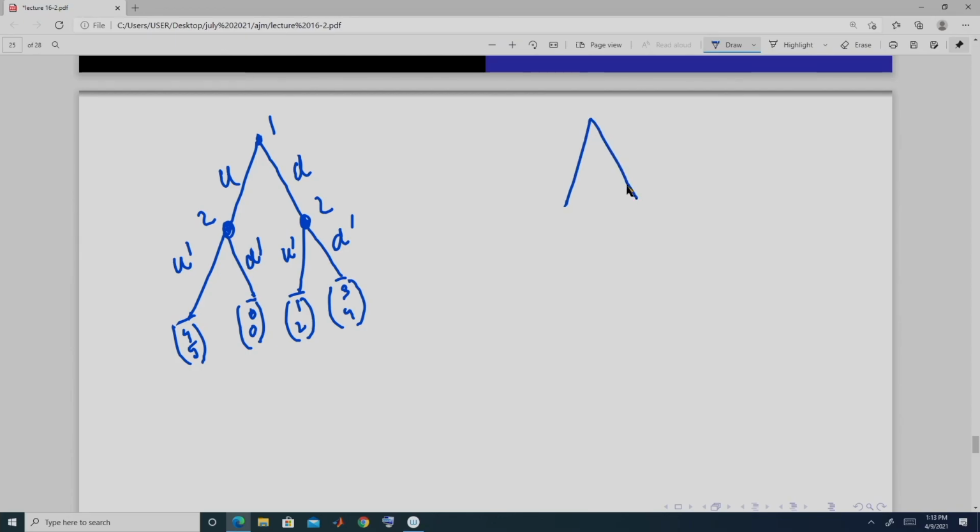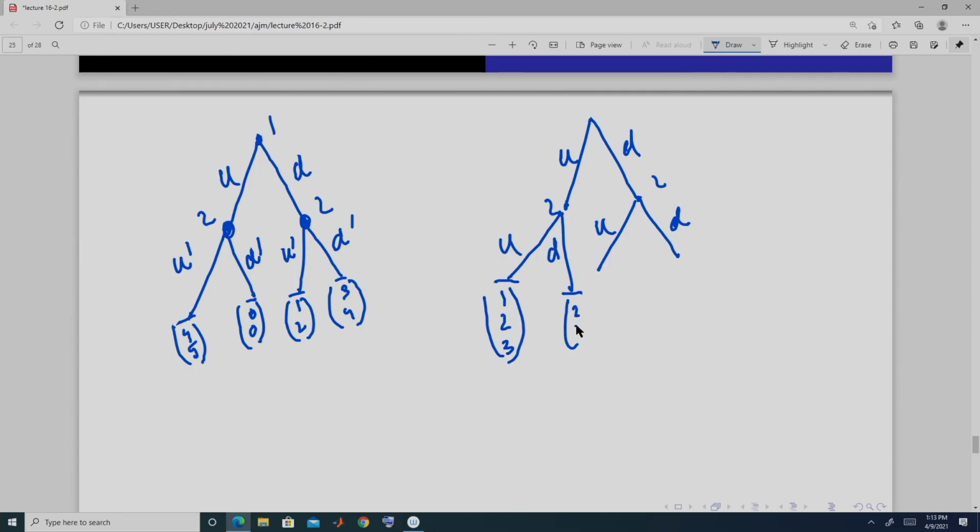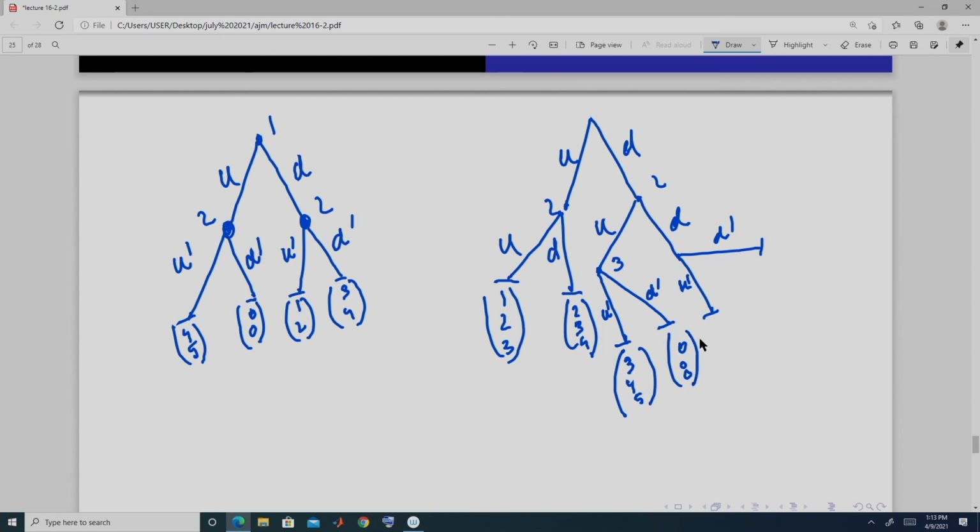So if we have a game like this, suppose it ends here, suppose this is the game.